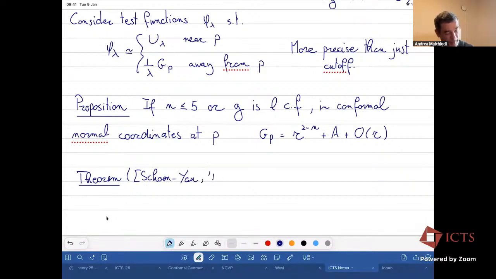from 79, 81, and 84, so it's in different papers. Okay.